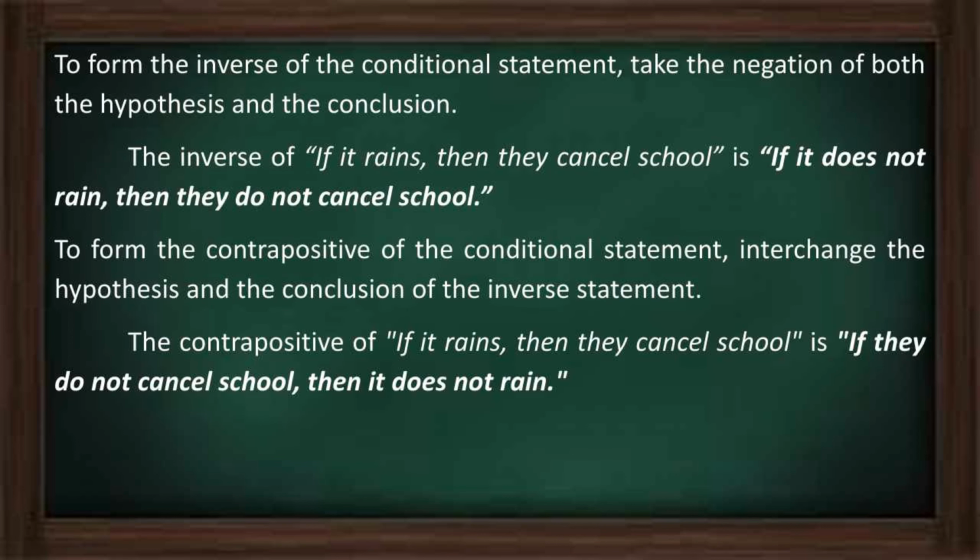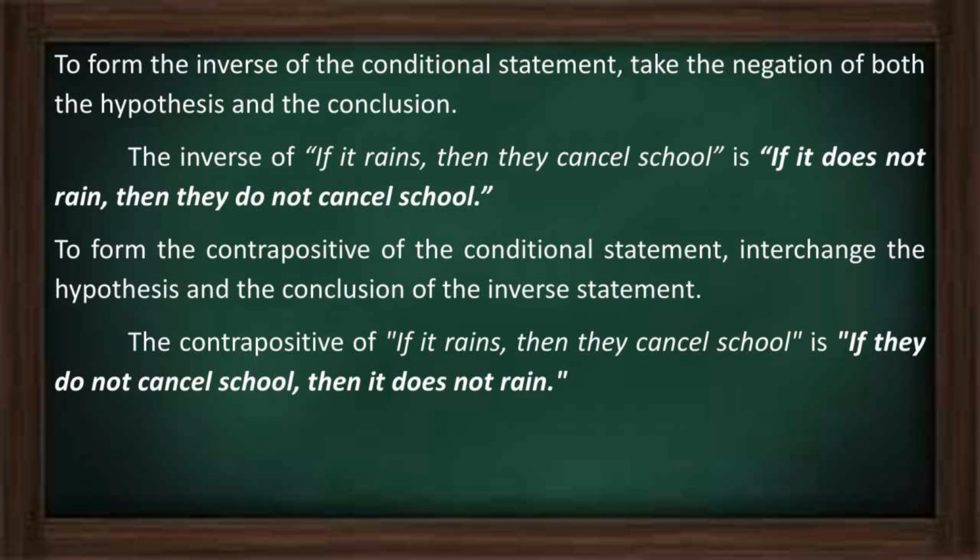To form the inverse of the conditional statement, take the negation of both the hypothesis and the conclusion. The inverse of the given conditional statement is if it does not rain, then they do not cancel school. To form the contrapositive of the conditional statement, interchange the hypothesis and the conclusion of the inverse statement.